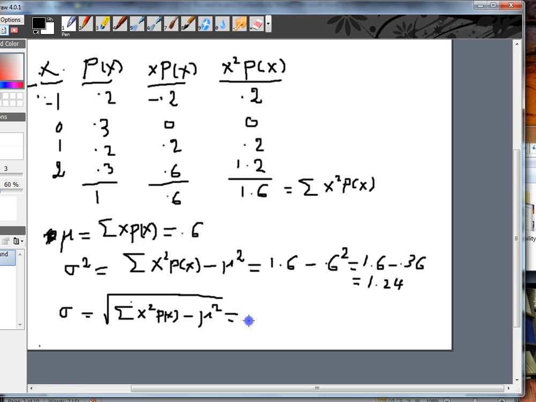So this is the square root of 1.24, which is approximately equal to 1.11. Okay, so that's an example for this problem, and I think we'll end it here. Thank you.